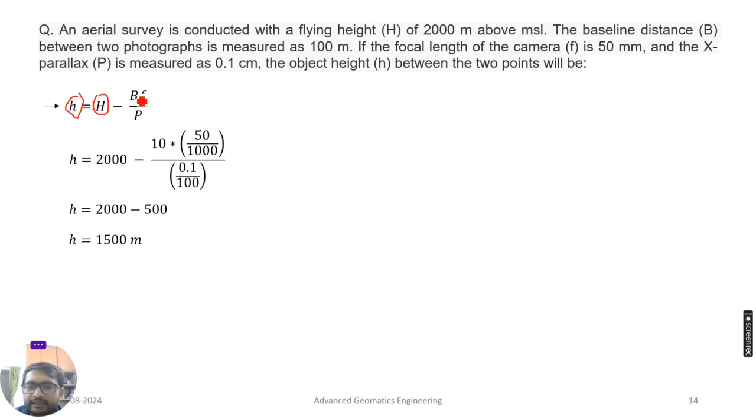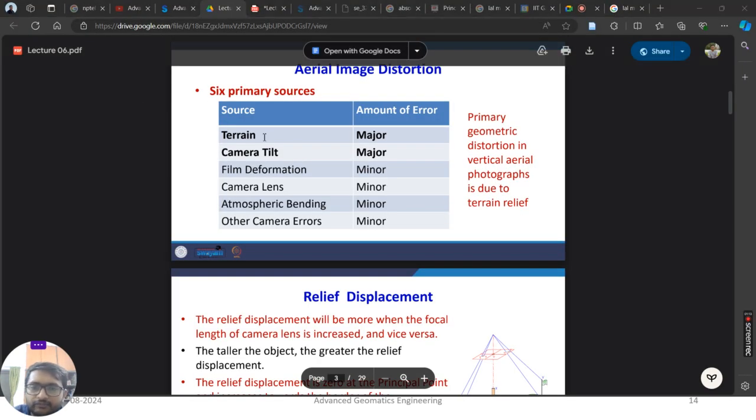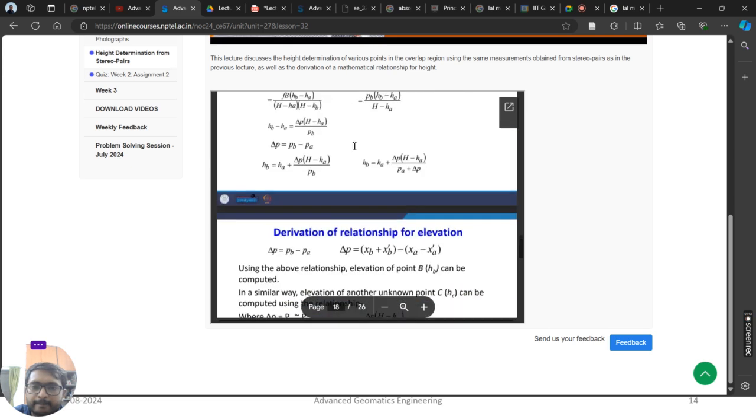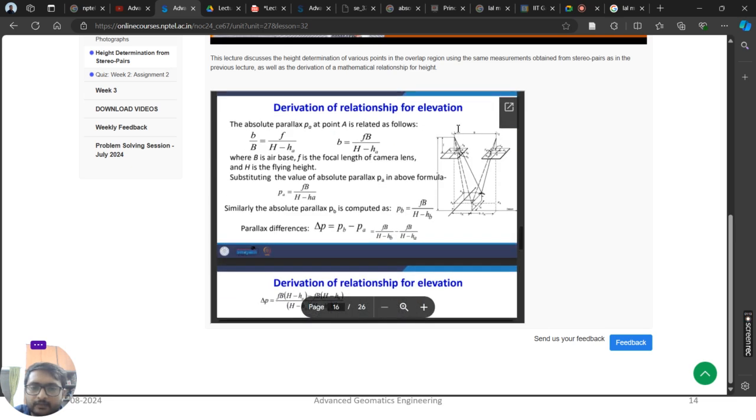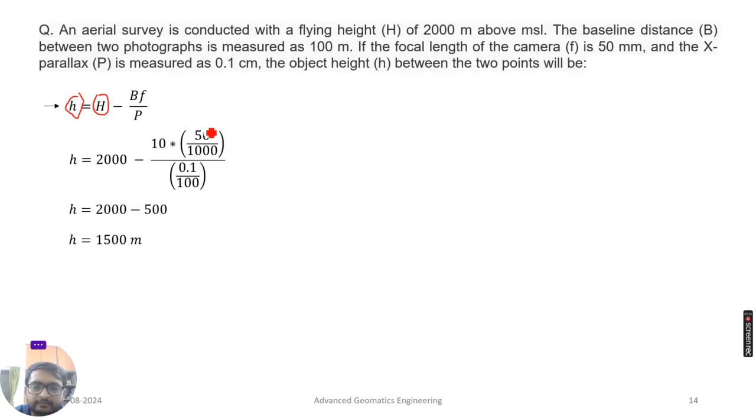Here b is the baseline distance, which is the distance between the positions from where you are taking the two different photographs, f is the focal length, and p is the parallax which is there in your photo. Once you put everything into this formula you will get 1500 meter.